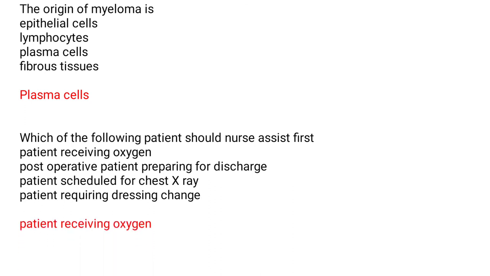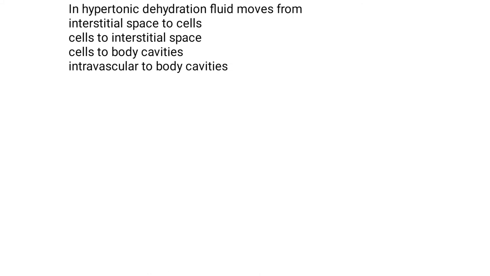And the answer is patient receiving oxygen. Next one. In hypertonic dehydration, fluid moves from, options: interstitial spaces to cells, cells to interstitial space, cells to body cavities, intravascular to body cavities. And the answer is cells to interstitial space.